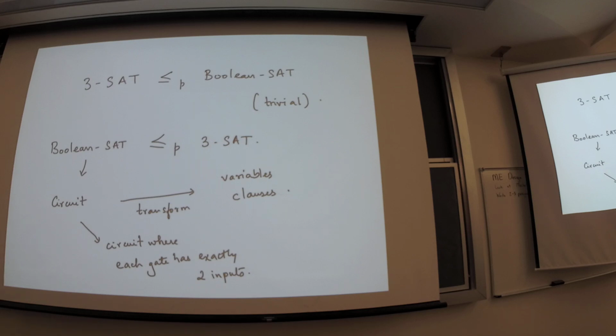And this is easy because if you have an AND of a bunch of things, you can come up with an equivalent by doing a binary tree. You can take two of these and take the result, and so on. So this transformation turns out to be easy. Let's think of it as an easy exercise.